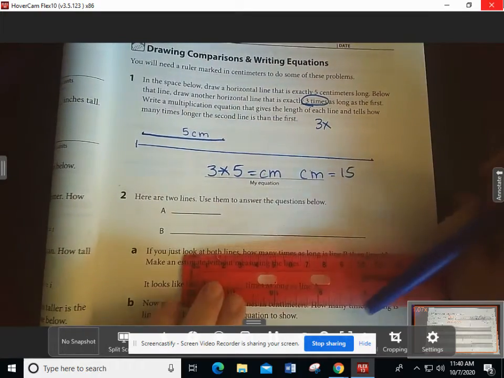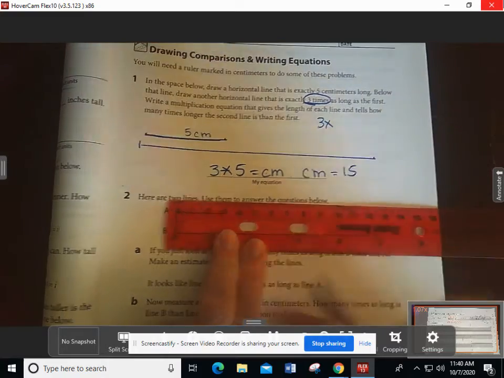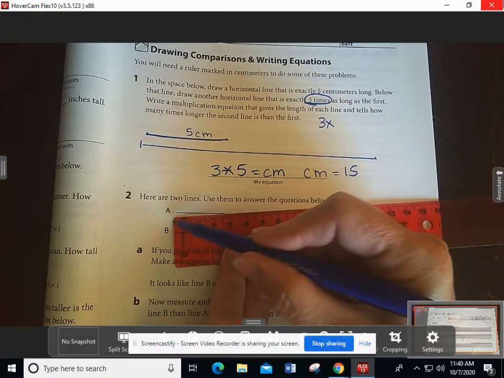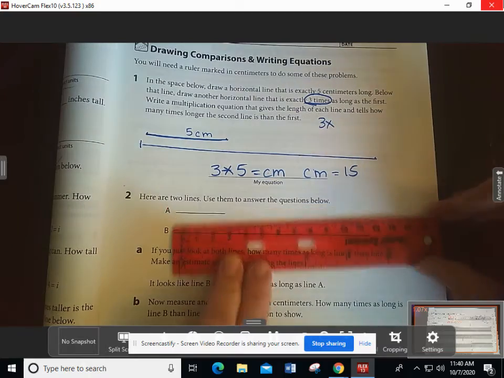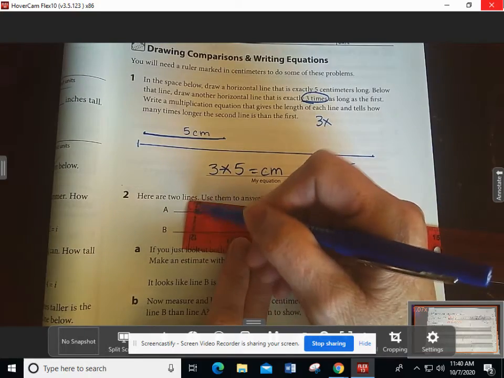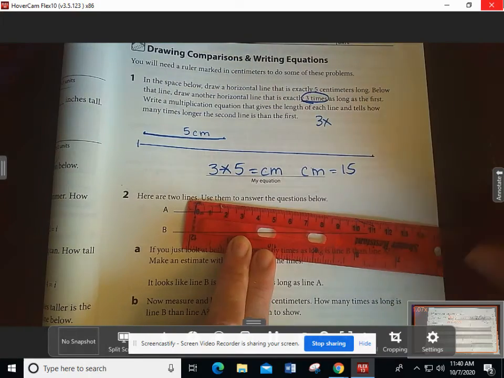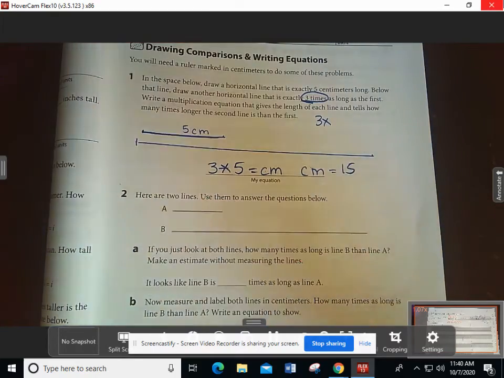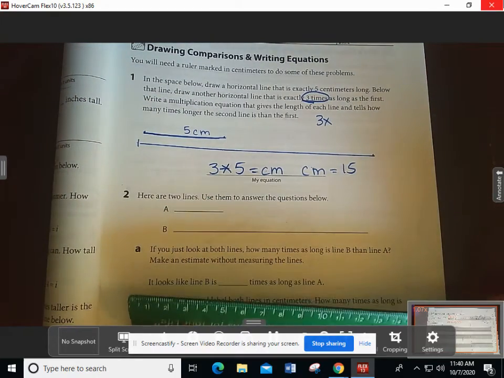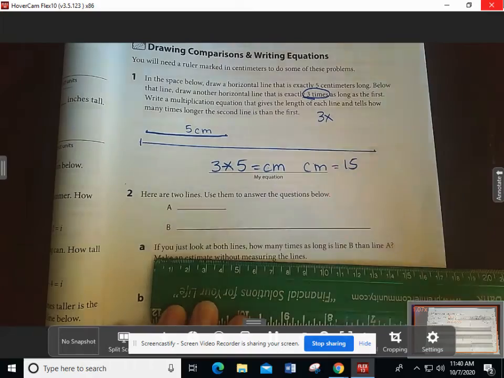When we look at number 2, it says here are 2 lines, and we're going to use those to answer the questions below. We need to measure them. Now be very careful. Remember, I right now have a ruler that if I measured all the way over here, I'm going to have an incorrect answer. I have to start where the 0 starts. If I was using this ruler, it starts right on the edge.